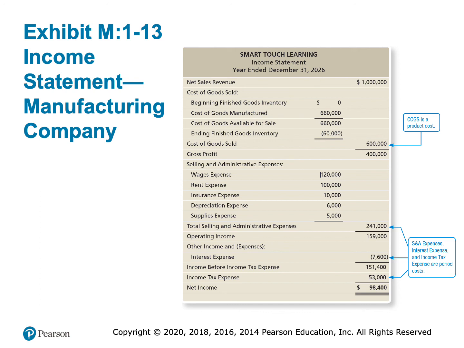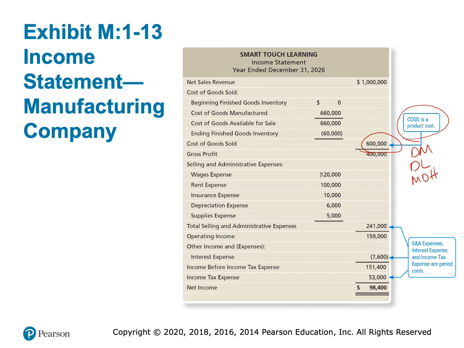So this cost of goods sold number right here is a product cost. So all of that direct materials, direct labor, and manufacturing overhead are going to wind up here on the income statement when the product sells.